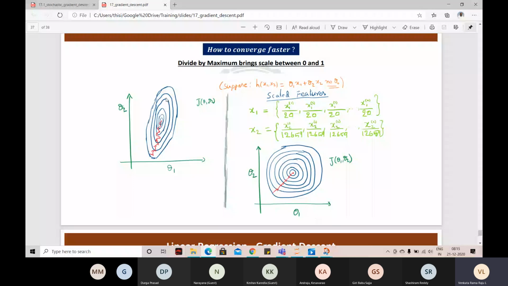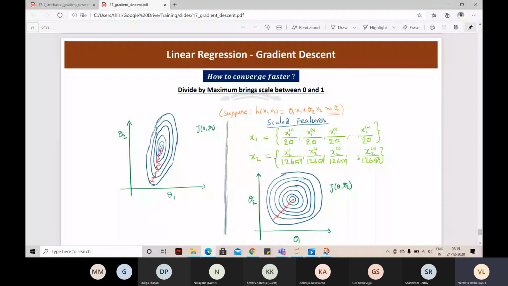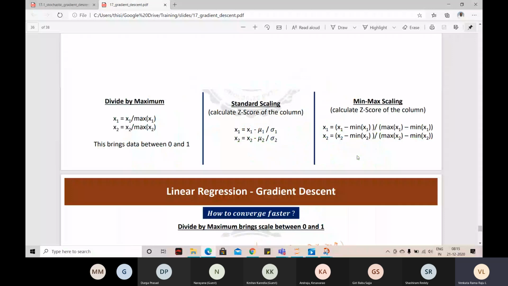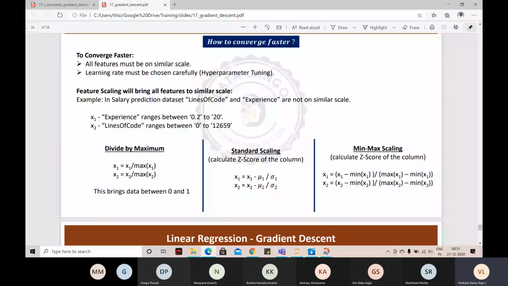So you need to convert data like this. I showed divide by maximum scaling, but there are two more scalings. Standard scaling, which is nothing but z-scores: you calculate z-scores of all the values. That's one kind of scaling. Min-max scaling: subtract the minimum of the column and divide by maximum minus minimum.